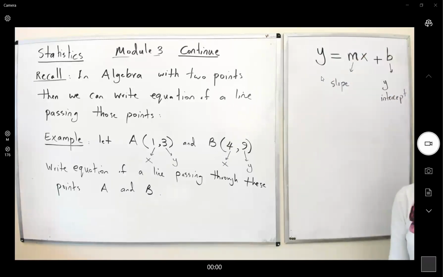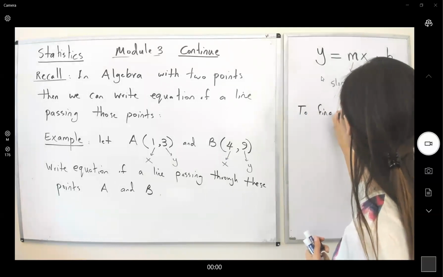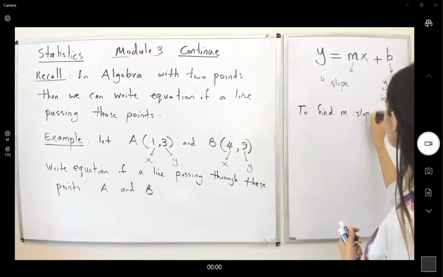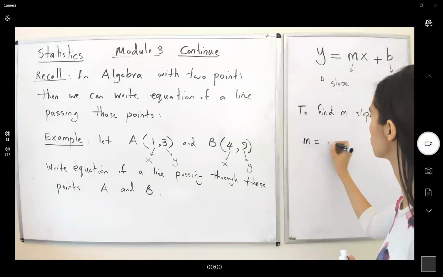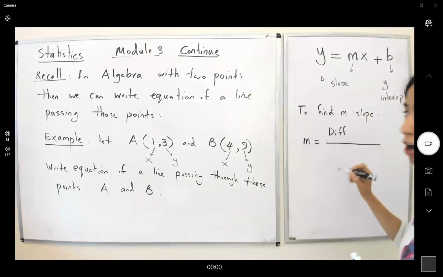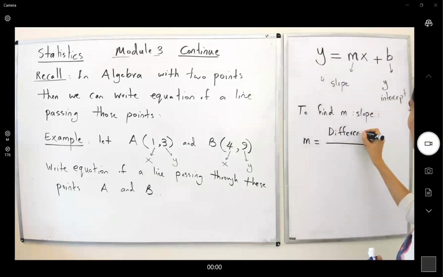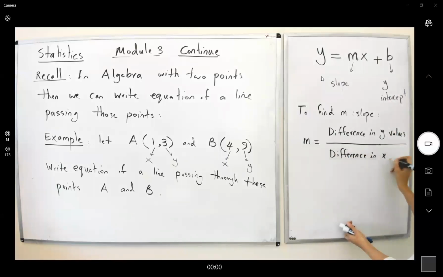M follows a nice formula. The slope, or m, is equal to the difference in y values, the rise, divided by the difference in x values, the run. So rise divided by run.